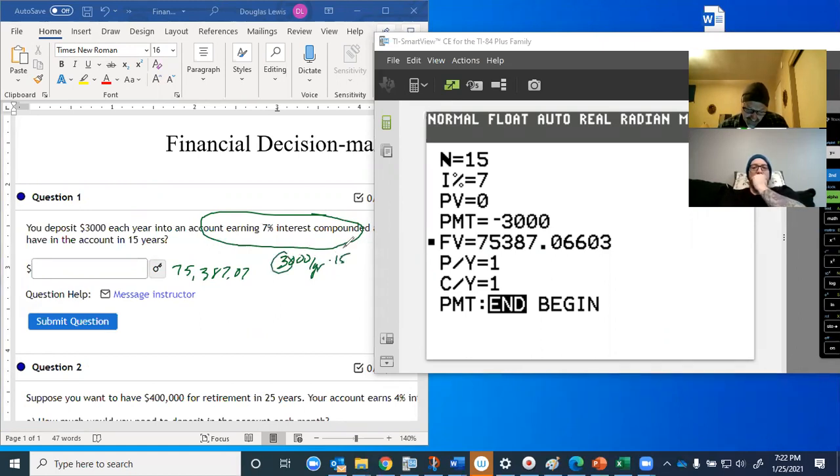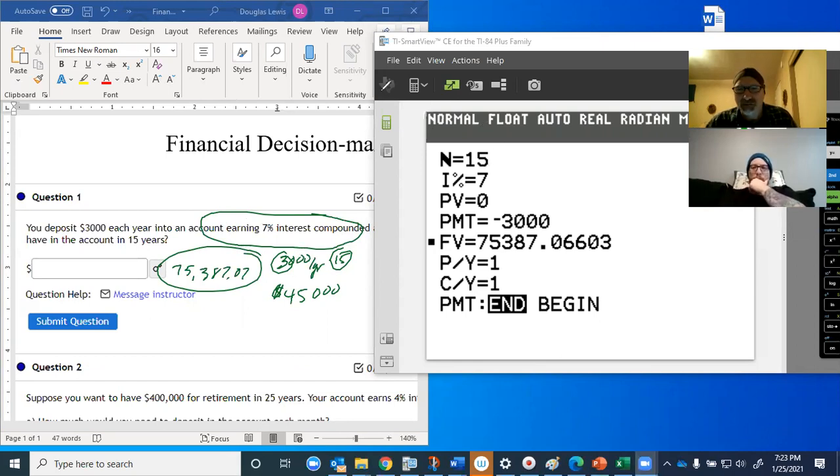Well, 3 times 15 is 45. So that was a total of $45,000 that we deposited. And we got over 75,000. That is $30,000 worth of interest.